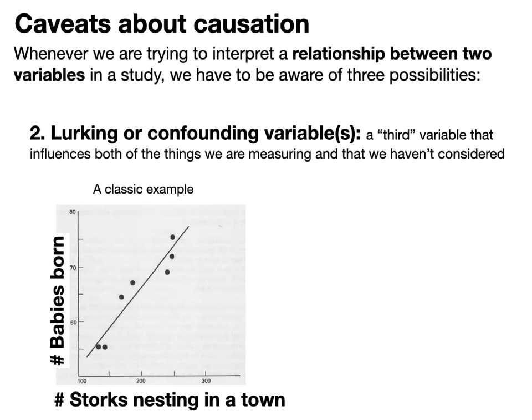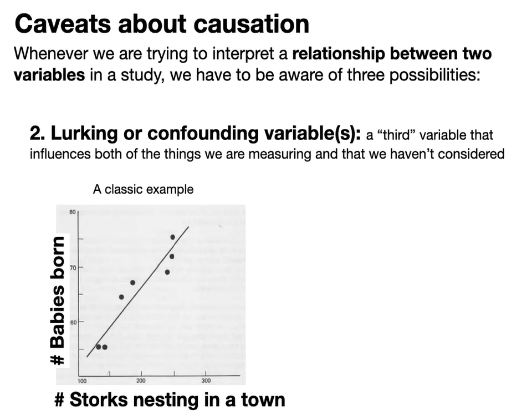Another example of a confounding variable, this is real data on the population growth rate, so number of babies born per town in some German villages, and the number of storks nesting in these different towns. So there's a positive relationship. The towns that have more storks have more babies born.